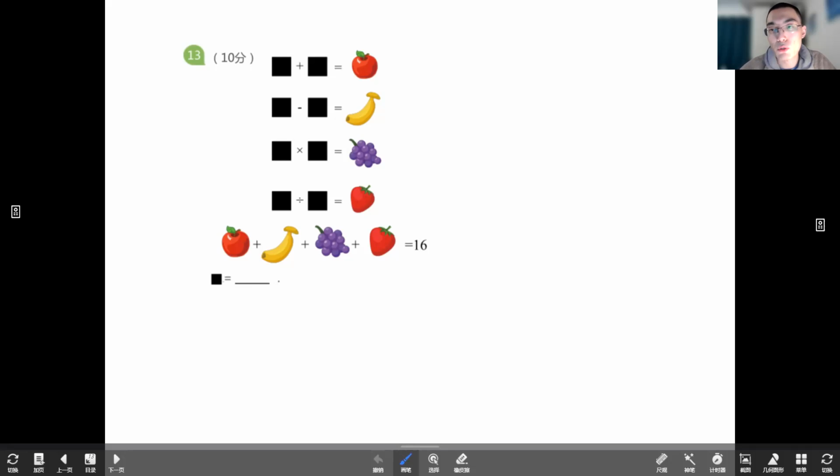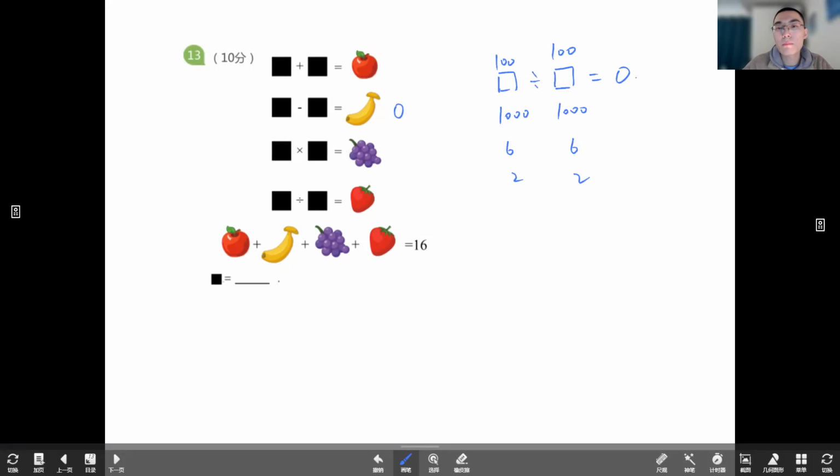No matter what number you have, a number minus itself will always be 0. You can think of any number: 100 minus 100, 1,000 minus 1,000, 6 minus 6, 2 minus 2 is always 0. So we know that banana is 0.